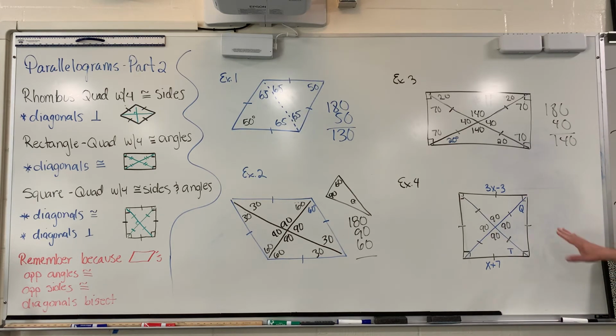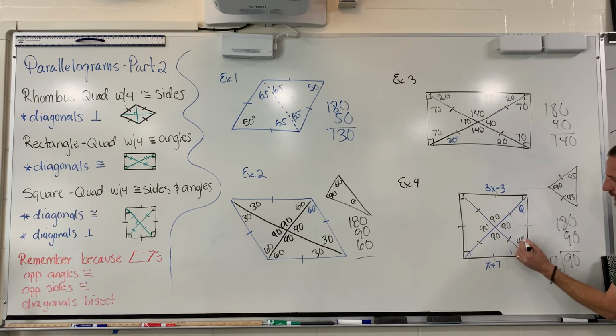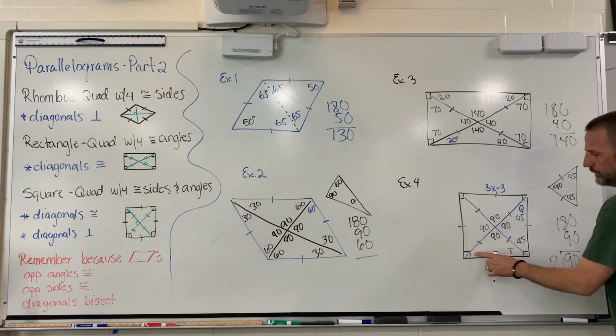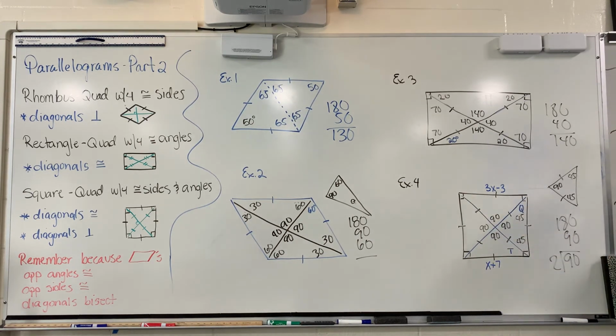And if I'm having a hard time looking at all this, maybe break apart, take one of them out, and then break it down. Triangles make 180, so 180 minus 90 gives me 90. Divide that by 2, and I have 45 and 45. So I know that this is 45 and 45. Well, I'm not going to write every single one of these in here, but I think you would know that this is 45, 45, 45, all the way around.